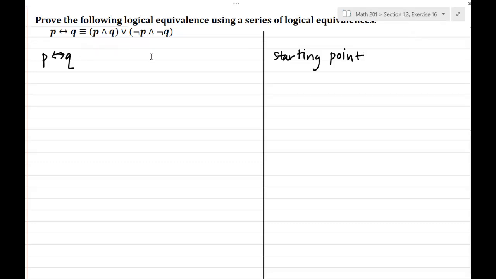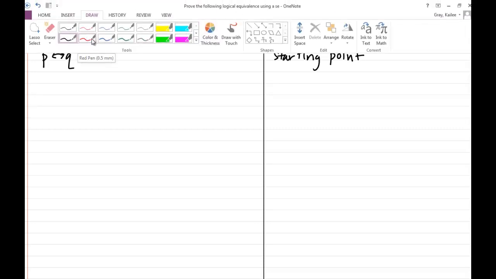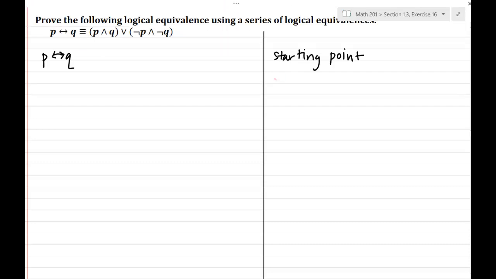Okay, so we're only going to work with P if and only if Q. From those logical equivalences involving biconditionals, I know that a biconditional is just two conditionals going in each way: P implies Q and Q implies P. So I'm going to start here with this logical equivalence, and I'm going to rewrite my biconditional in its equivalent conditional form. Notice I'm only substituting with things that are actually logically equivalent, otherwise it doesn't make sense.